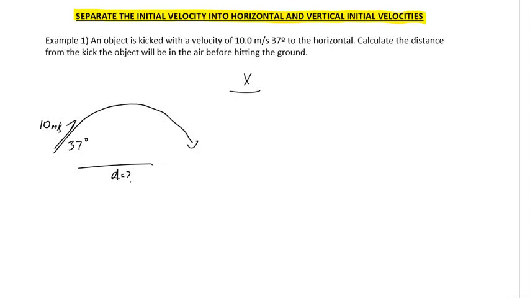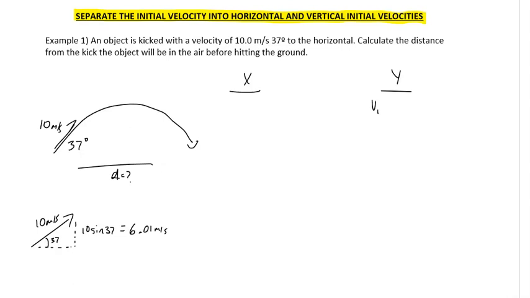But if we separate into the x and y component, we can separate this 10 meters per second into x and y initial velocities. Given that's 37, that would be 10 sine 37. And so on the y, that's going to have an initial velocity of 6.01 meters per second. So let's put that in there.